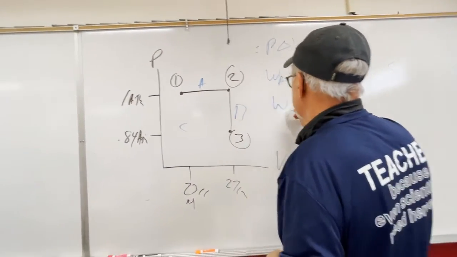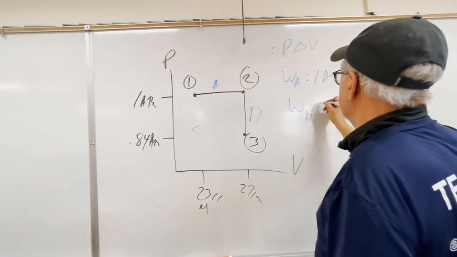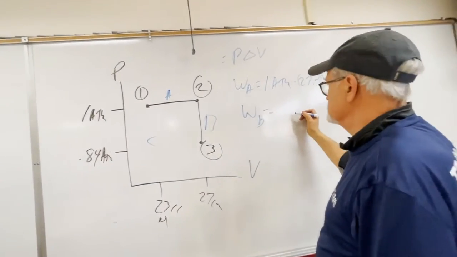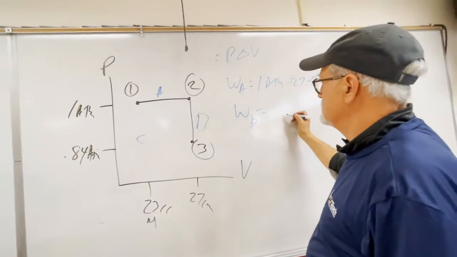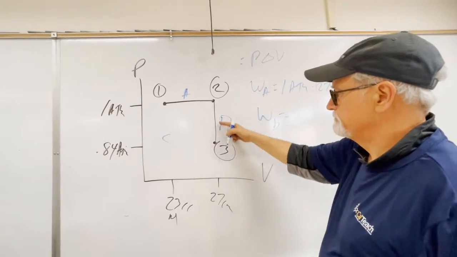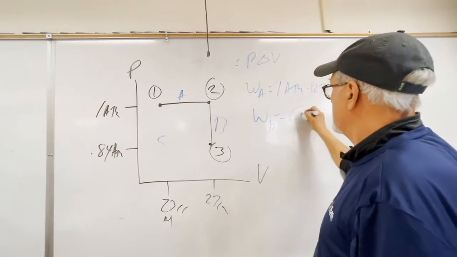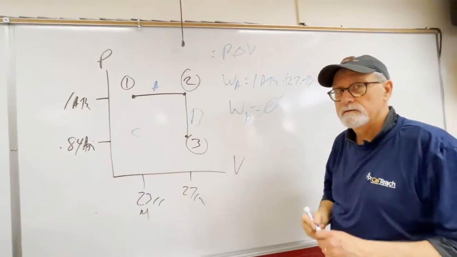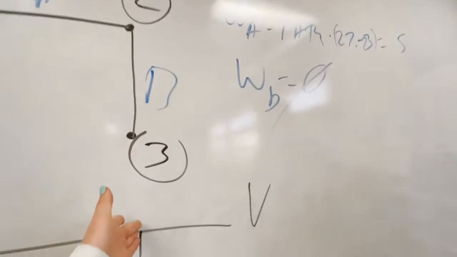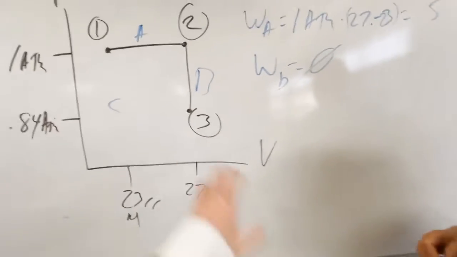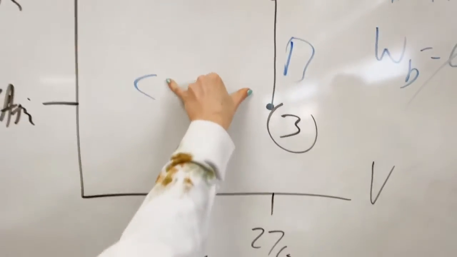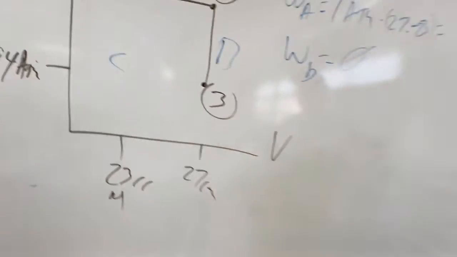Then the work done in B, so the pressure changes, but what about the volume? The volume does not change. Okay, that's what I thought, because there's no area under this curve anyways. It's a straight line. So I was thinking you had to factor in all of this. I think you do.